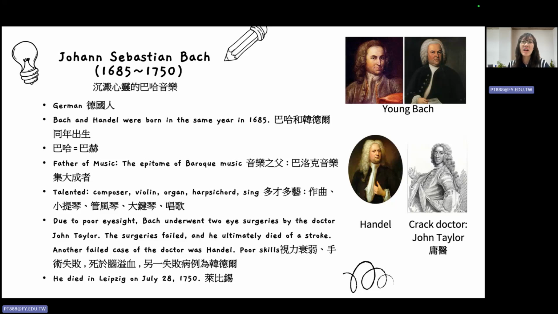So Bach ultimately died of a stroke. 那后来呢，因为手术失败，最后他就死于这个脑溢血。And this quack doctor had another failed case, Handel. He was trying to cure Handel's poor eyesight, but it failed again. So this doctor had really poor skills for doing surgery, okay?